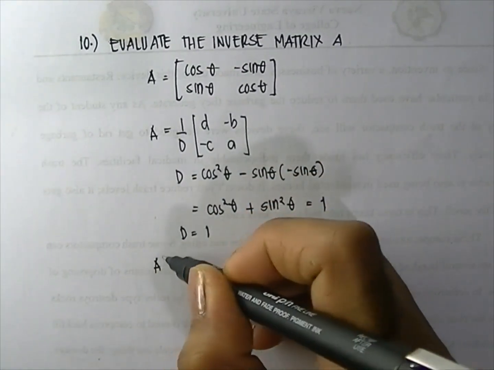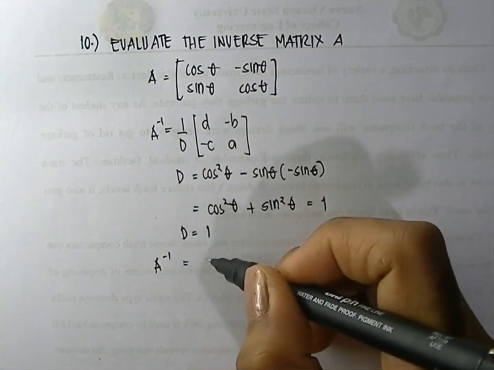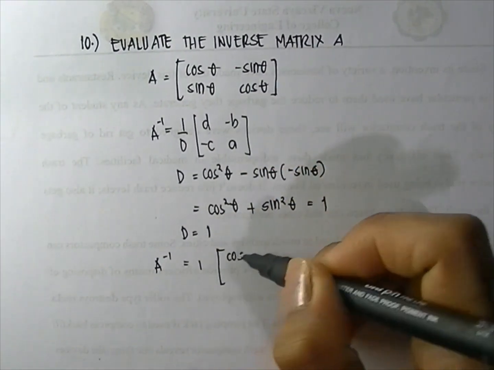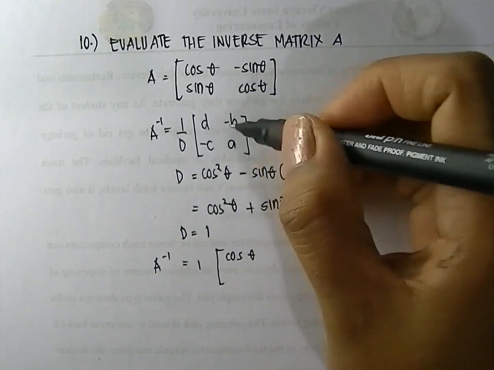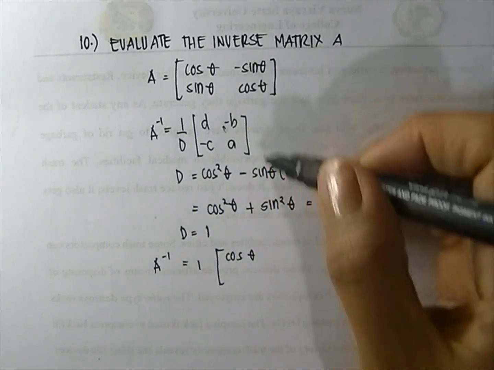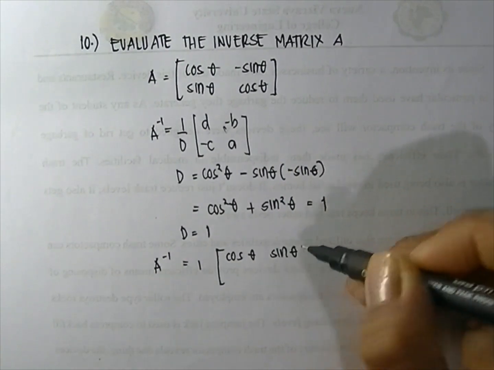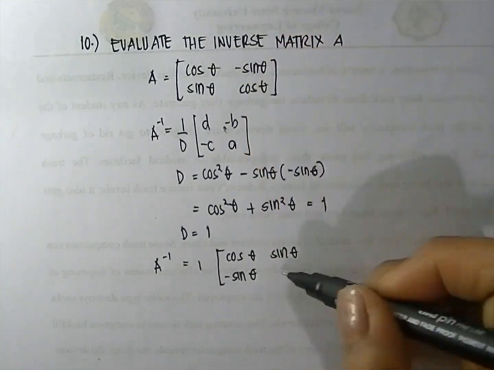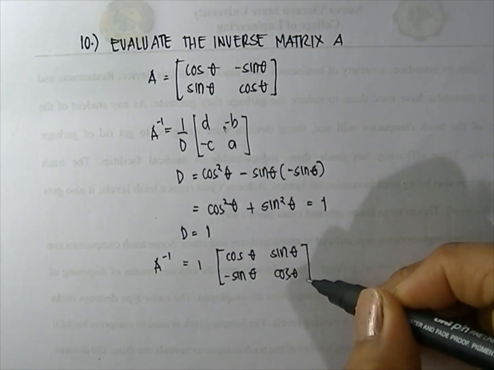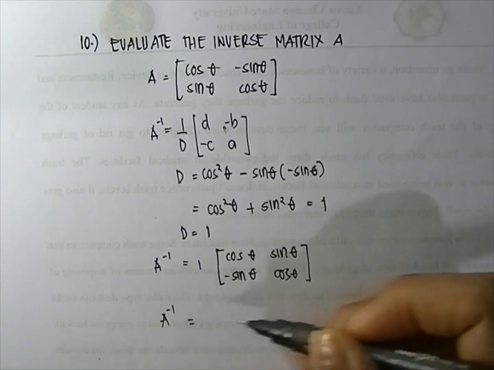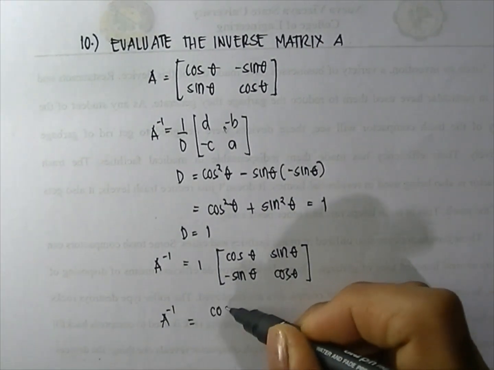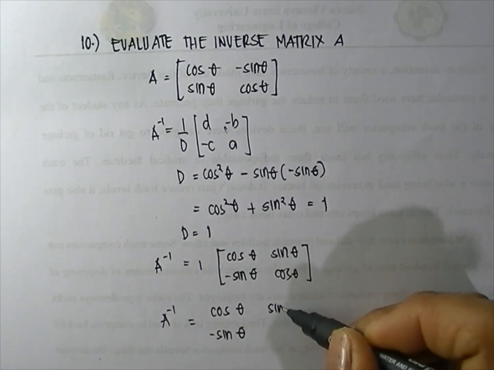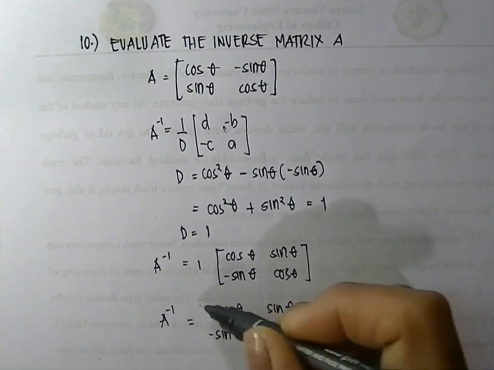So, A inverse is 1 times cosine theta, positive sine theta, negative sine theta, and cosine theta. Therefore, the inverse matrix of A is cosine theta, sine theta, negative sine theta, and cosine theta.